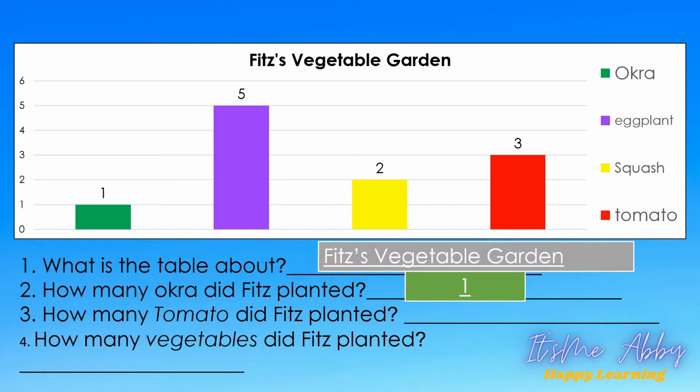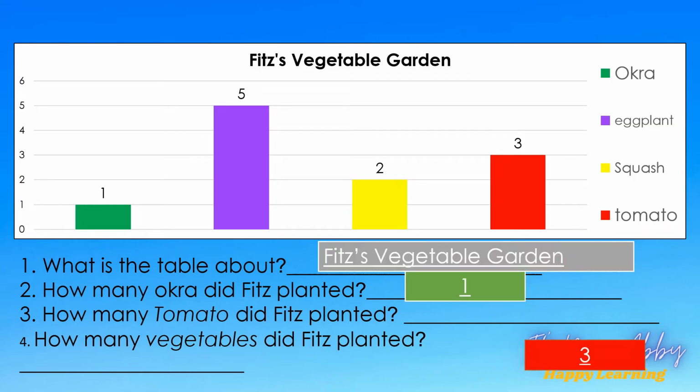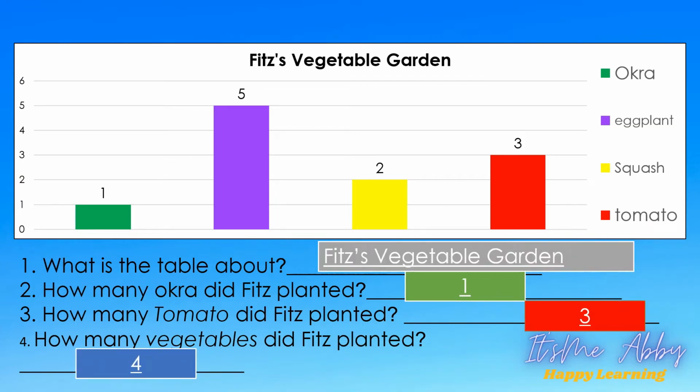How about how many tomatoes did Fritz plant? The answer is 3. How many vegetables did Fritz plant? The answer is 4. And that's how you're going to interpret tables and graphs.